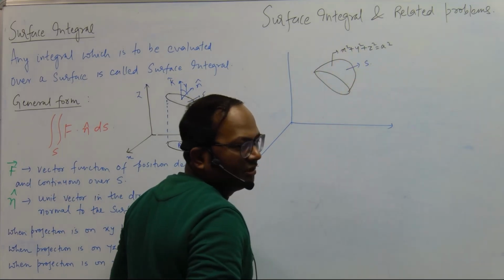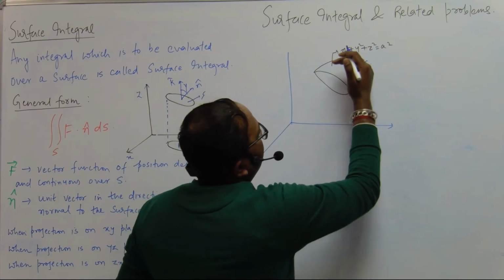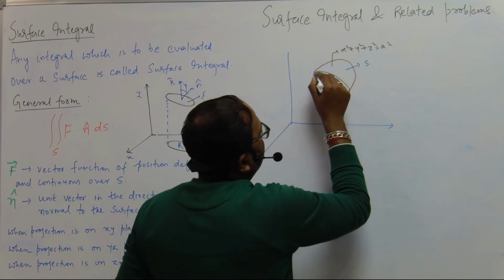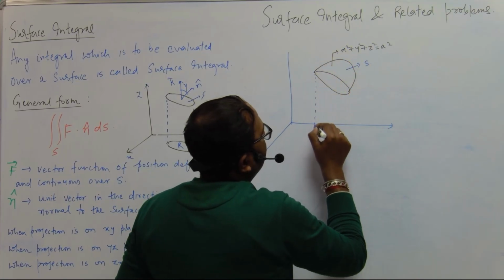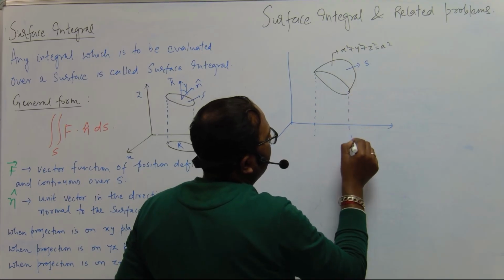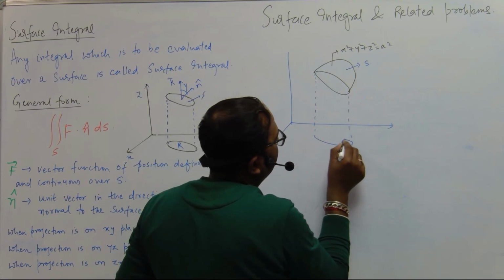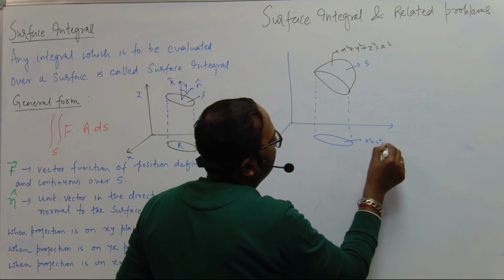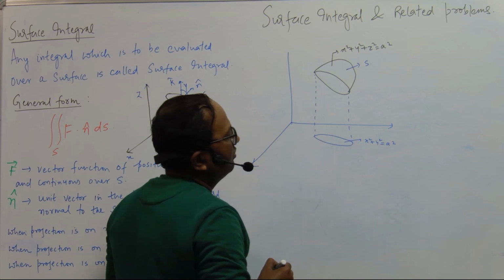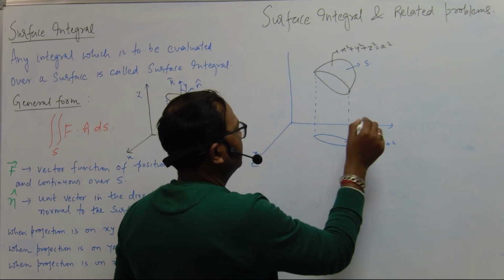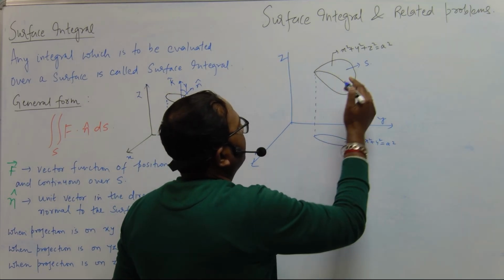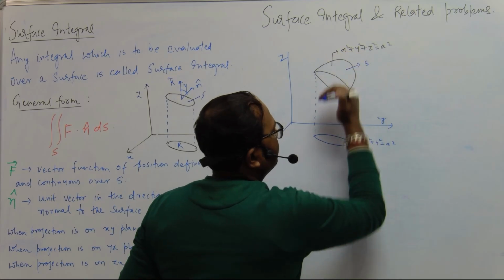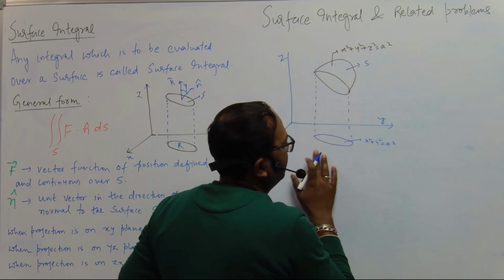What we discussed a couple of minutes ago is that whenever we take a projection of a curved area, the projection we get is a planar area. This planar area will be x square plus y square is equal to a square. This is our projection, and this is x, this is y, and z. So we have taken the projection of this surface on the xy plane, and this is a planar area.